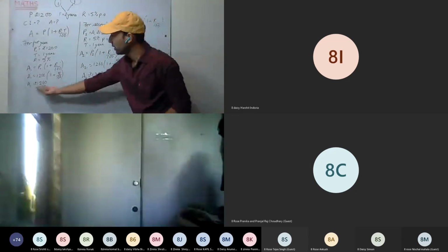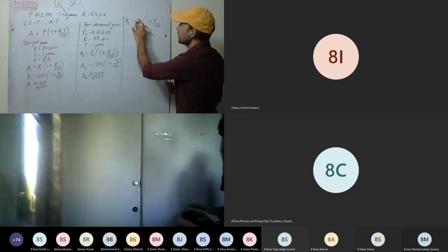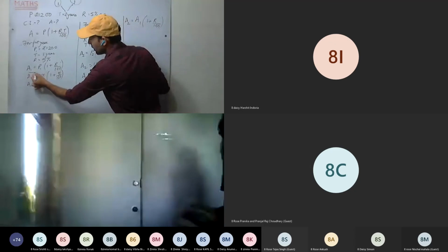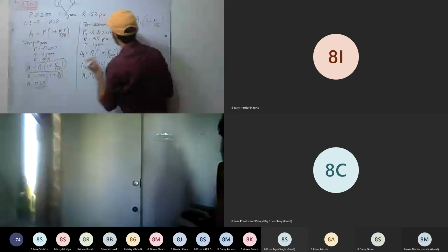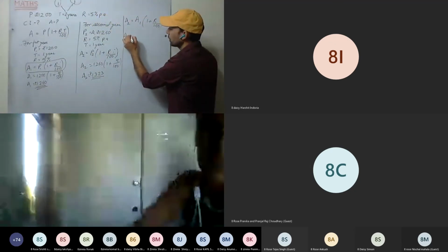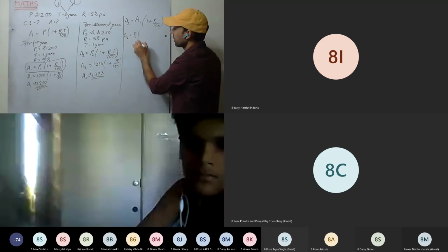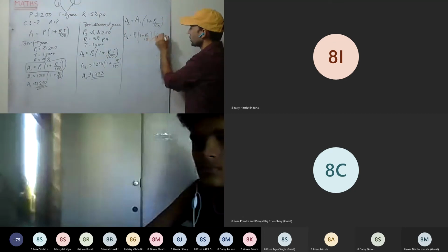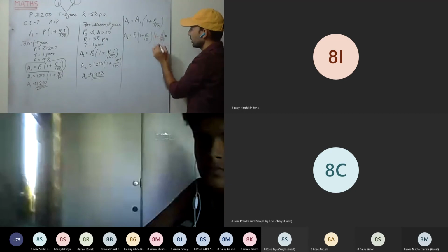P2 is A1. So instead of P2, we can put A1. This is correct. Now what is A1? This one. Put it here. A2 equal to P1 into 1 plus R upon 100, into 1 plus R upon 100.